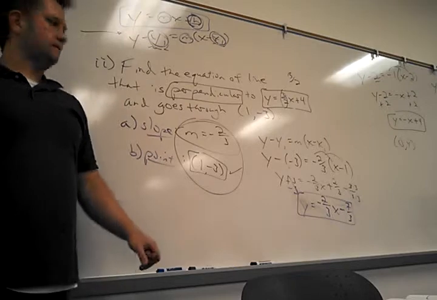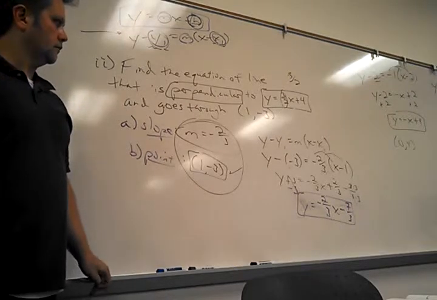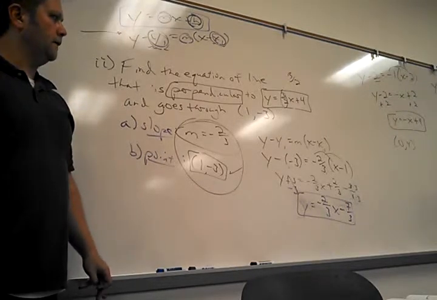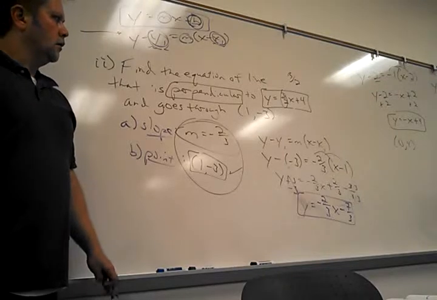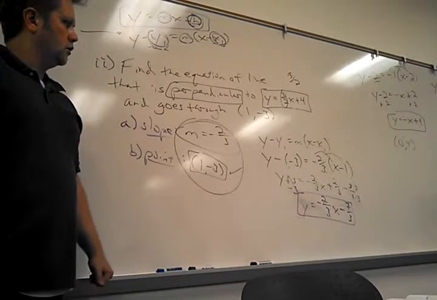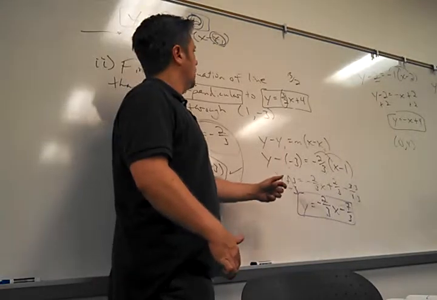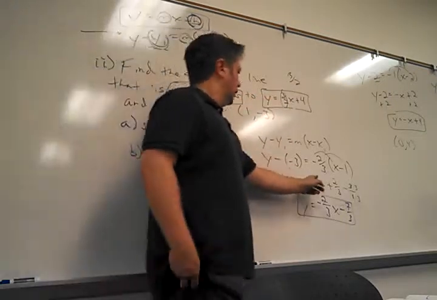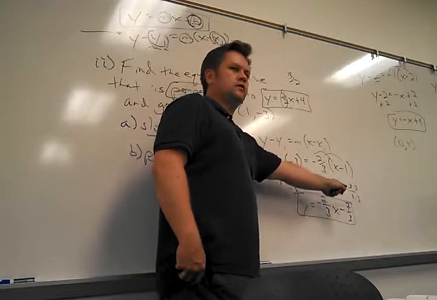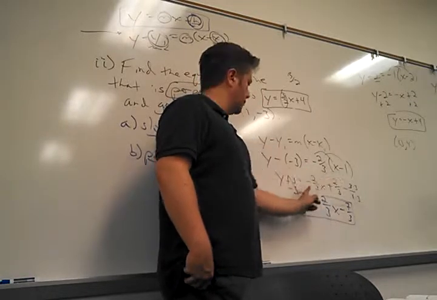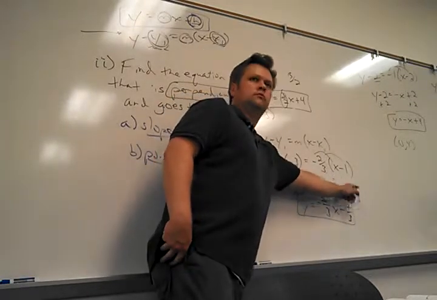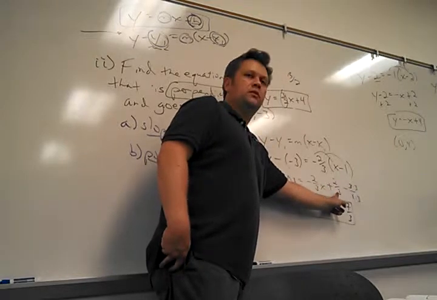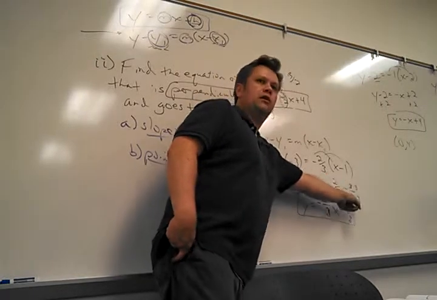I'm still stuck on y plus 3 equals negative 2/3 x plus 2/3. That's where I'm stuck. Did you do the reciprocal there? No. The only reciprocal we did was to get the slope. All I did here was subtract 3 from both sides. And in order to subtract 3 from the 2/3, I need to have like denominators.